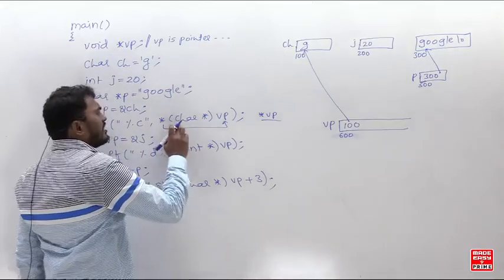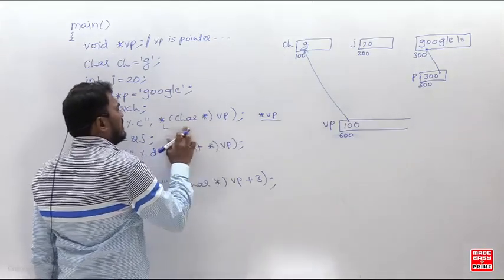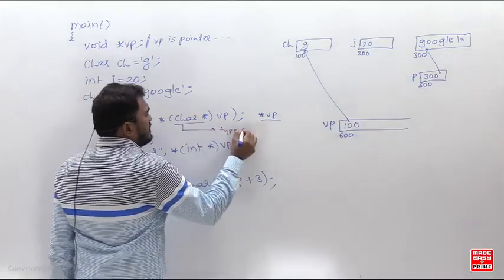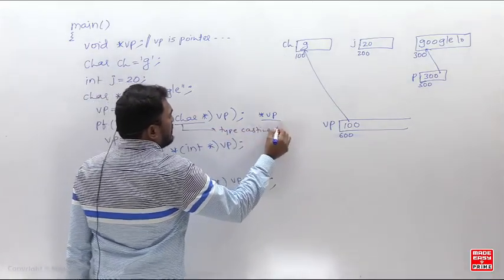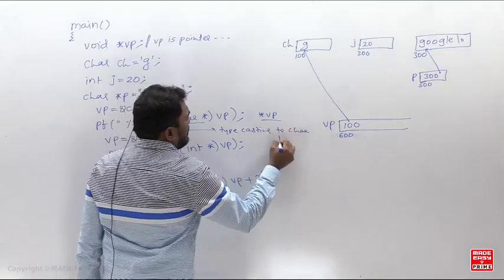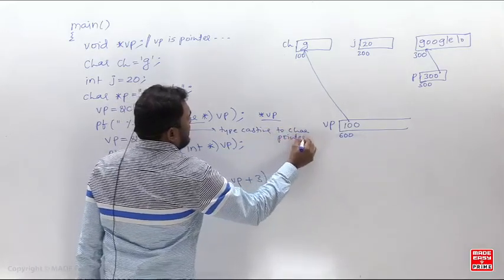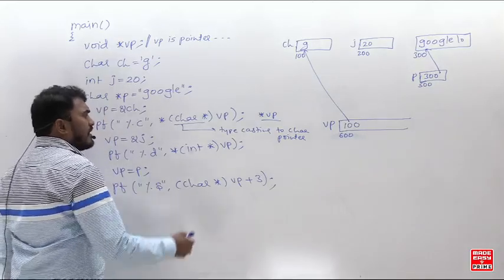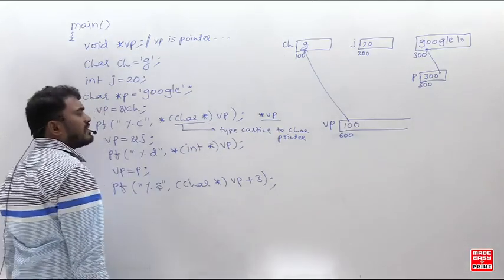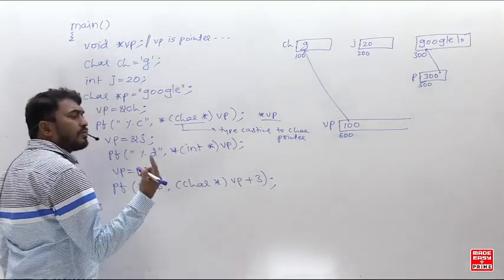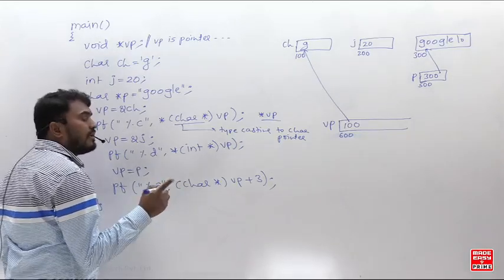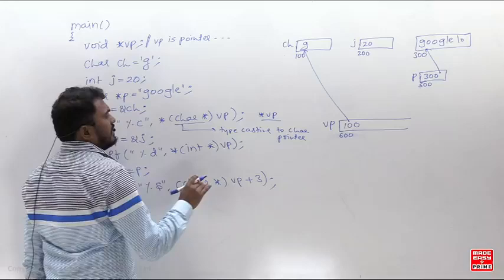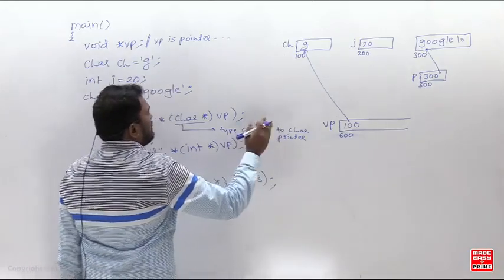Now look, if I typecast to a character pointer, so now it has the clarity about how many bytes of data it should access. Only 1 byte of data.